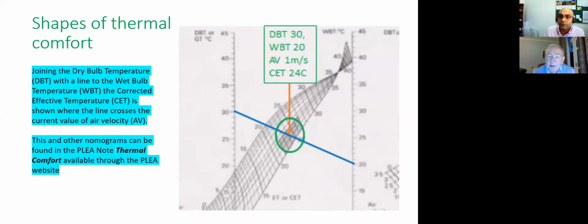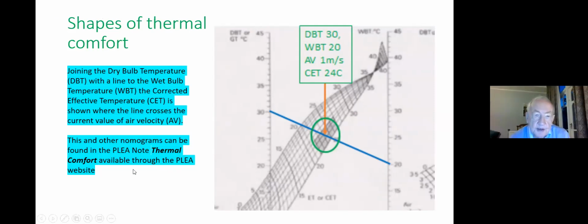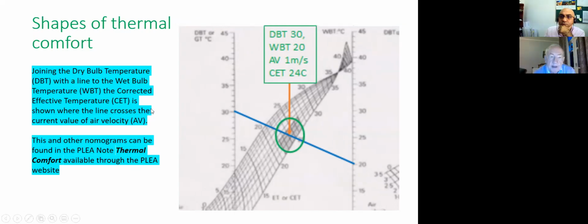If you go to the PLEA website and download the note Thermal Comfort, written by Zoccoli, you'll find that he has a number of these nomograms, which were seen to symbolize or concretize the calculation and make it easier, not doing it mathematically, but using a graphical method.